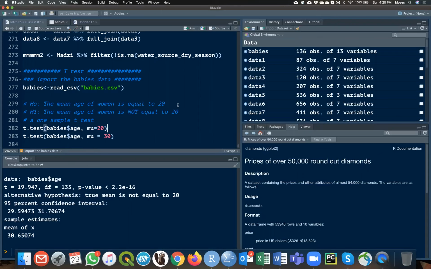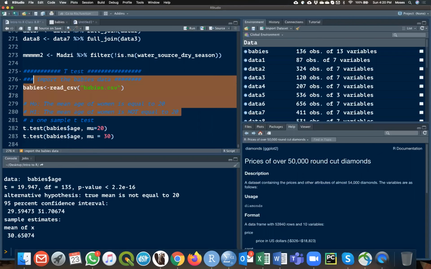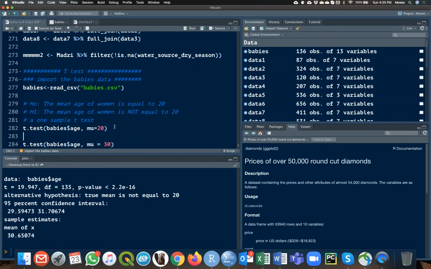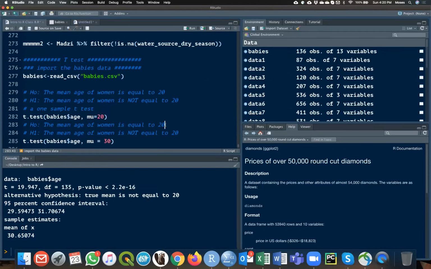However, if we do the same, but now we change this one to 30, for example, or 35. I start with 30 and then demonstrate with 35.